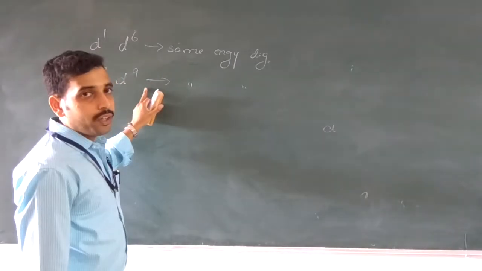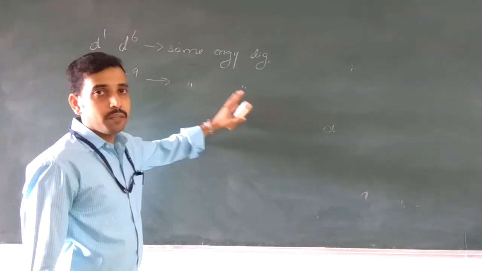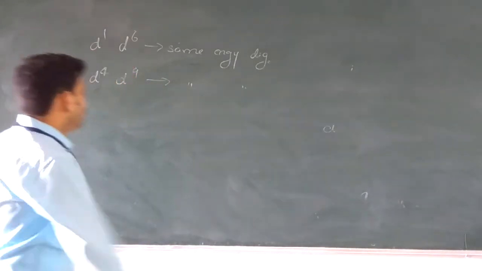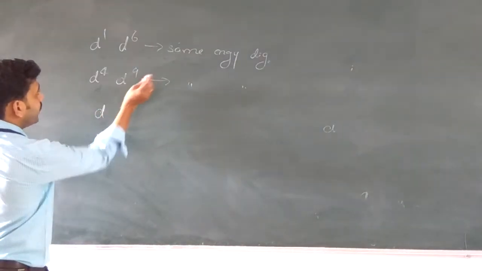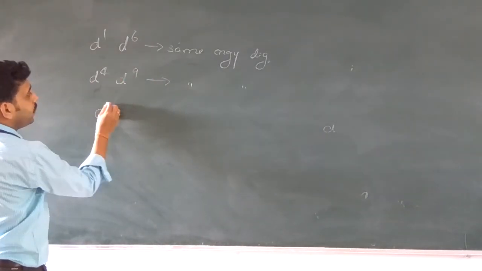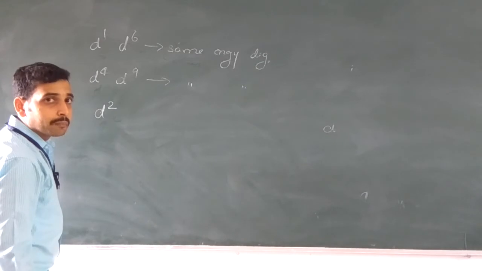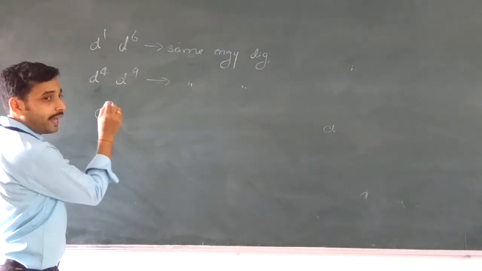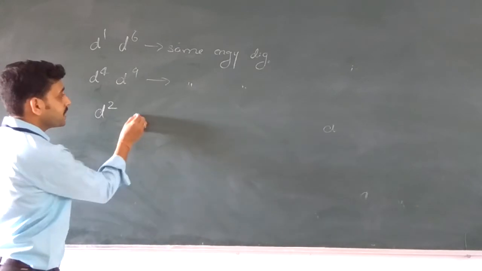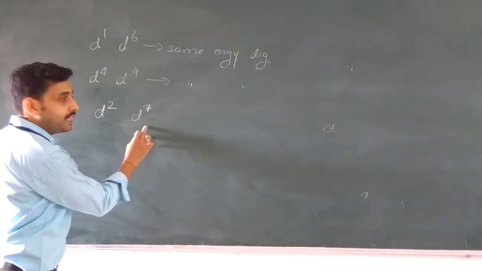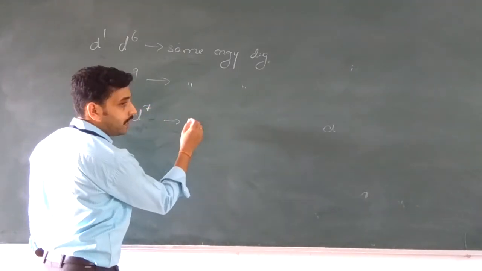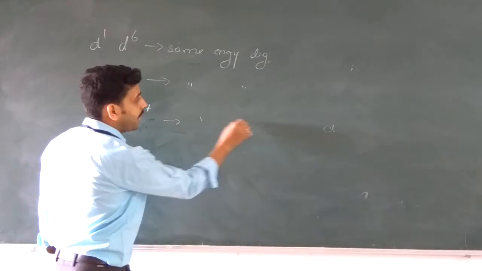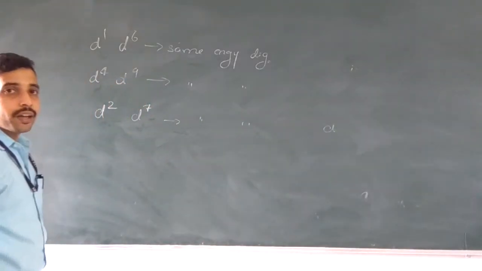D1, D4, D9 of octahedral geometry have the same energy diagram. Clear? Next, n equal to 2, the D2 system. With n plus 5, that means D7. D2, D7 of octahedral or tetrahedral geometry have the same energy diagram.